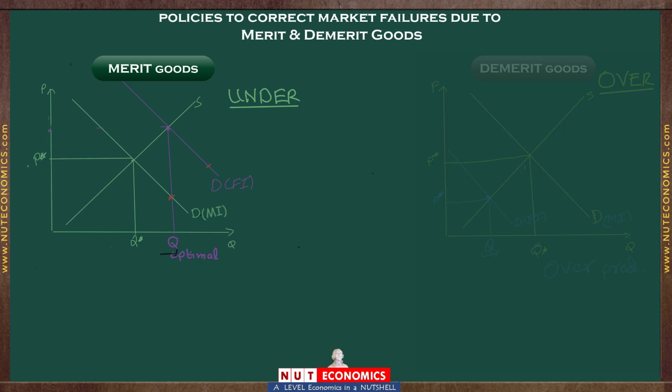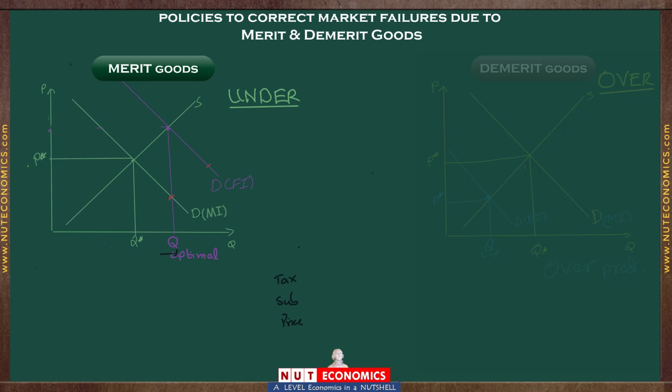Now, in terms of what sort of government policy or interference tools can be used, remember we have already talked about a few of the tools that the government can use. We talked about indirect taxes, subsidies, and price controls. Now, the issue with a merit good, the failure, is the fact that less is produced.